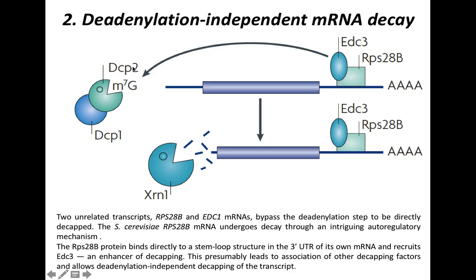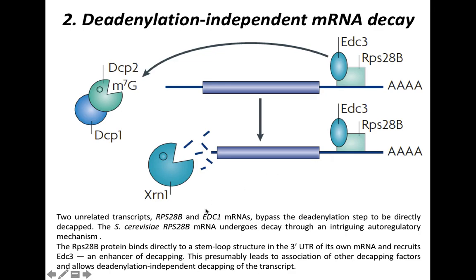After recruitment by EDC3, the decapping complex removes the cap from the 5' end of the mRNA molecule, and this is followed by the action of XRN1, exoribonuclease 1, which starts destroying the mRNA molecule in a 5' to 3' direction.